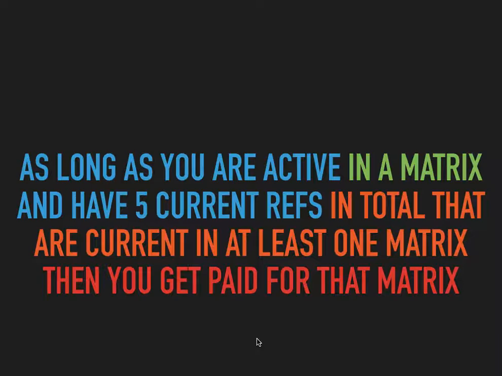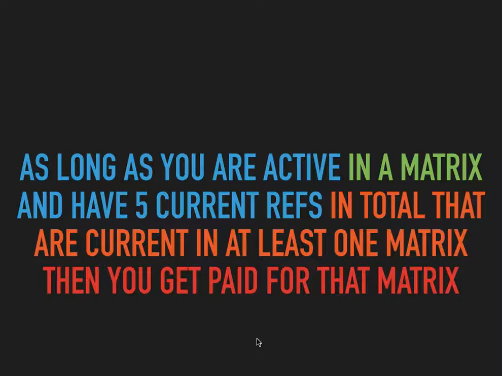As long as you are active in at least one matrix and have 5 current referrals in total, or more of course, that are current in at least one matrix, it could be another matrix, no problem, then you get paid in every matrix that you have a deposit.